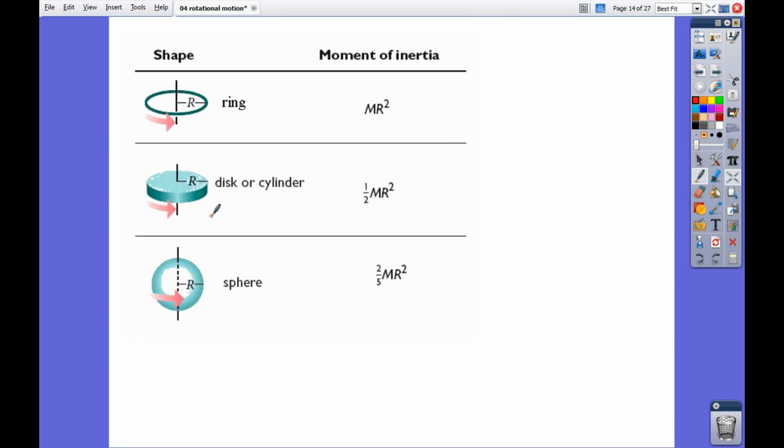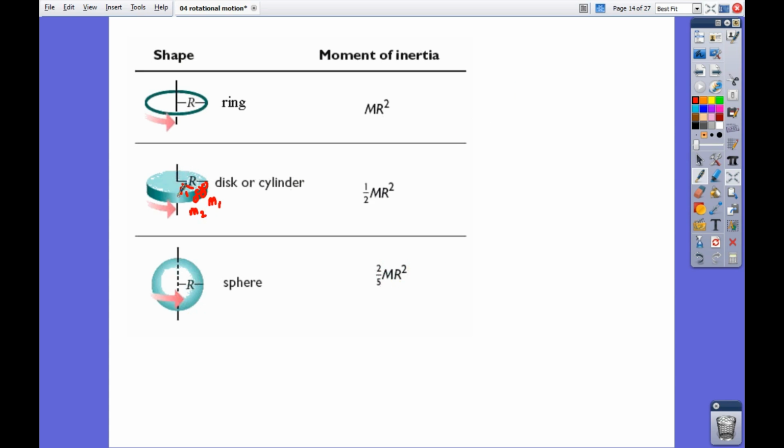For the disk, remember that this disk consists of small particles that have mass, let's say m1, m2, and so on, at certain distances to the center, r1, r2, and so on. By calculating each particle in this cylinder or disk, we get that the moment of inertia is a half m r squared, while for the sphere it is 2/5 m r squared.